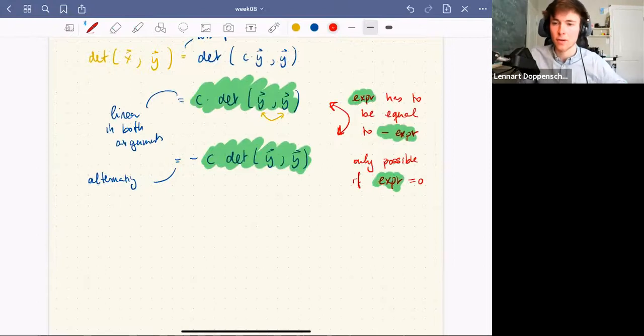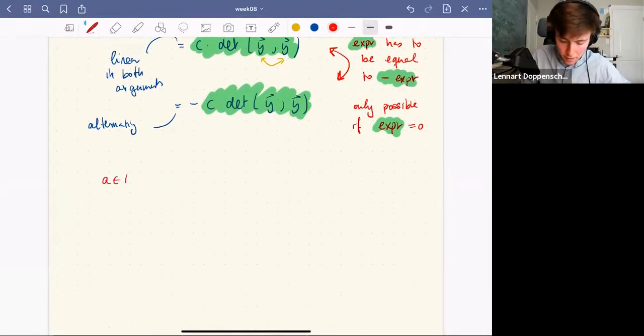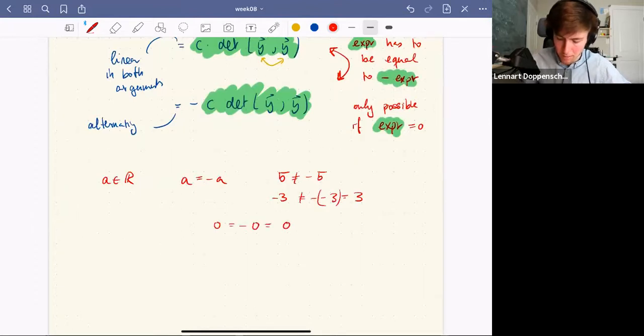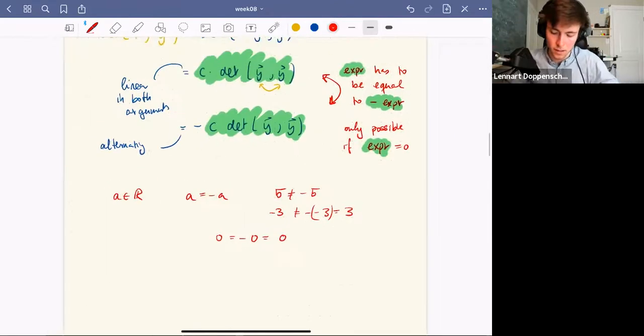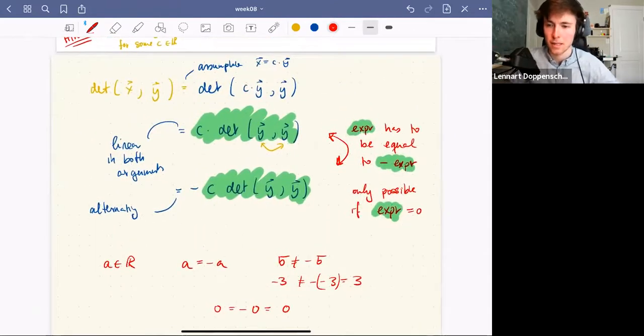So this is the general technique. If you have a real number a, and you know that a is equal to minus a, then 5 is not equal to minus 5. Minus 3 is not equal to 3. Only 0 is equal to minus 0 because it's 0. So this is just what I mean by an expression can only be minus itself if it's 0.